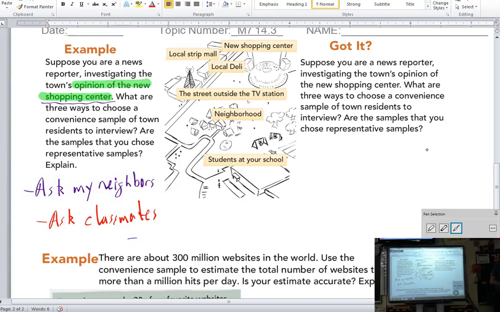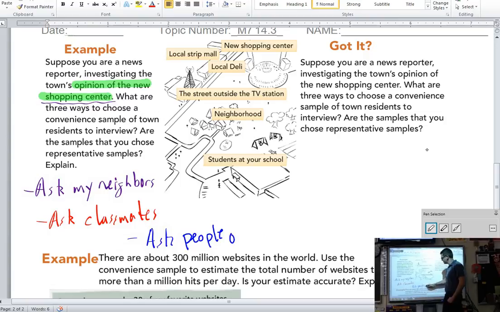You could ask people on the street outside the TV station. Sure, I could stand on the street. So we would say ask passersby or people on the street. A passerby is a person walking by.